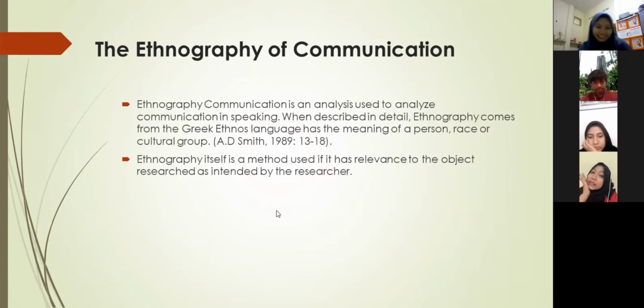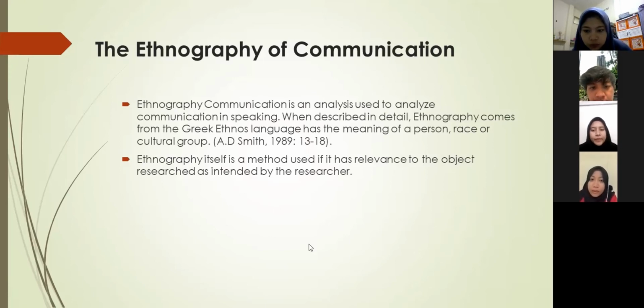Ethnography of communication is an approach to discourse analysis that is based on anthropology and linguistics. Ethnography of speaking is also known as ethnography of communication, since it embraces features of non-verbal communication too.